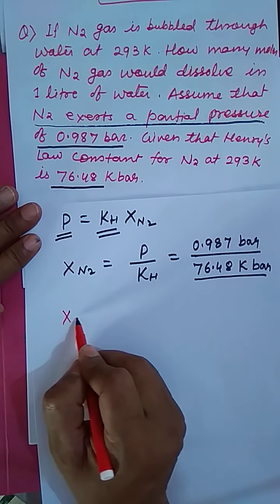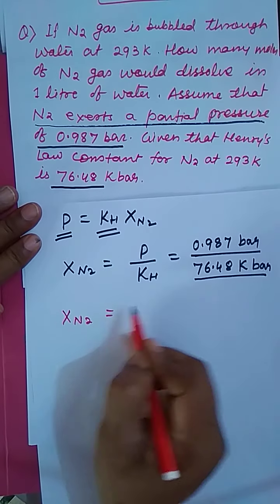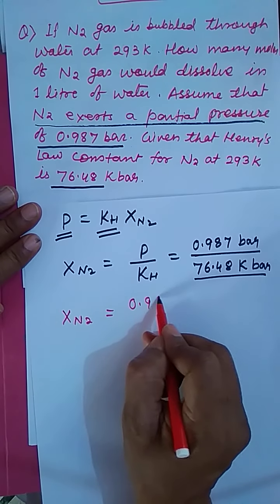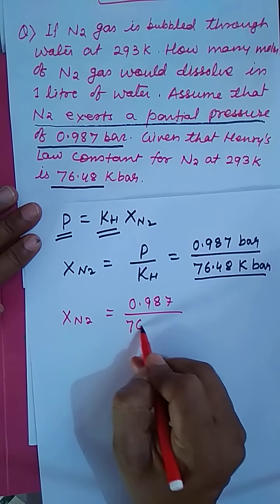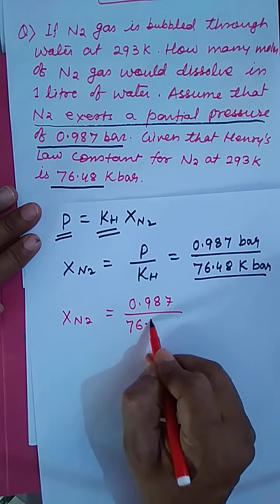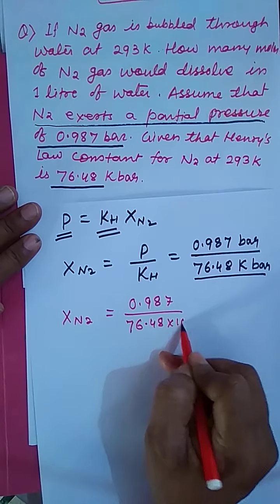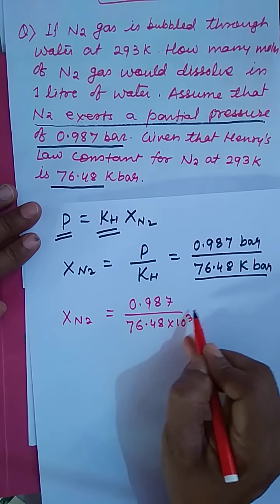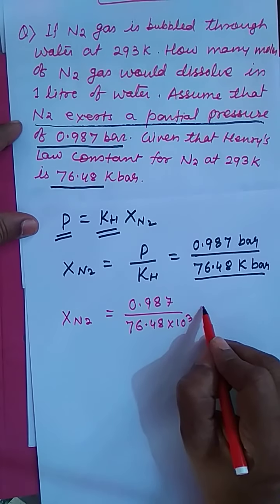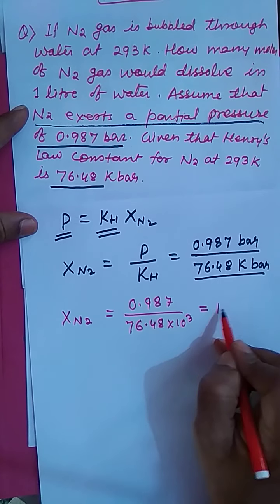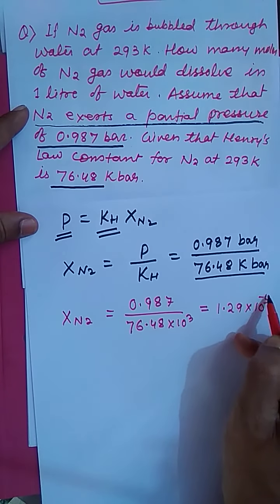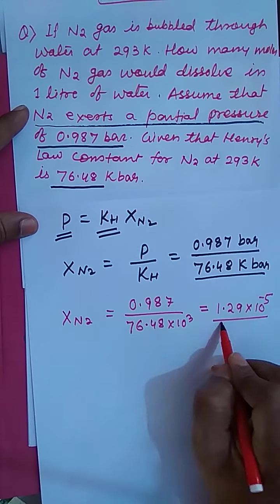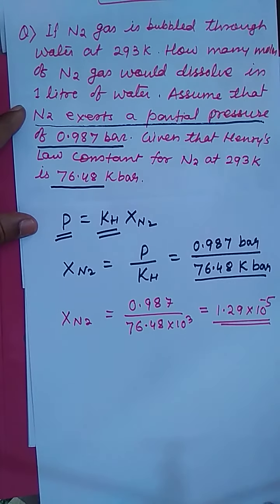So now the mole fraction of N2 is equal to 0.987 upon 76.48 into 10 to the power 3, and after calculation it will come 1.29 into 10 to the power minus 5. This is the mole fraction of N2.